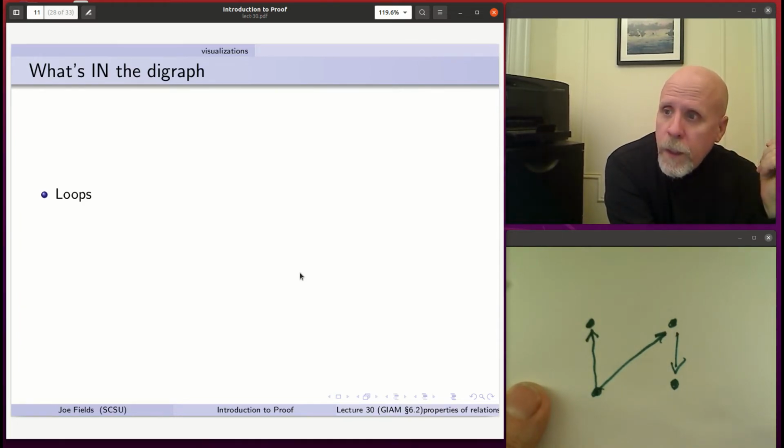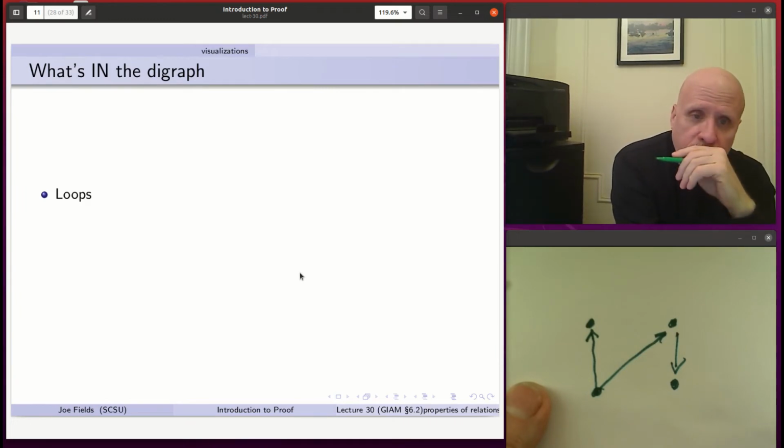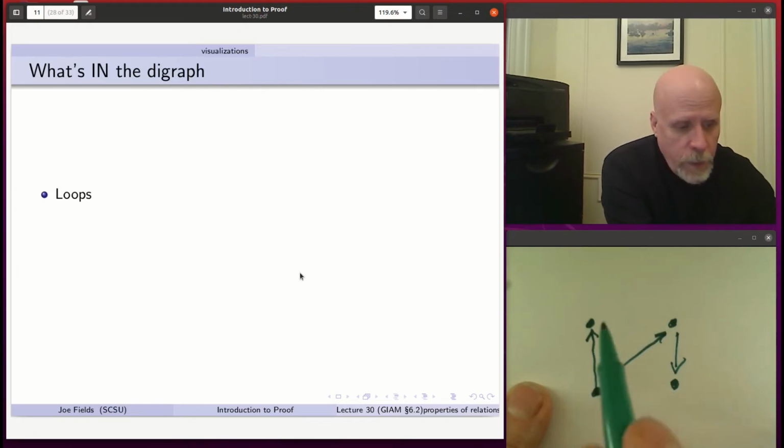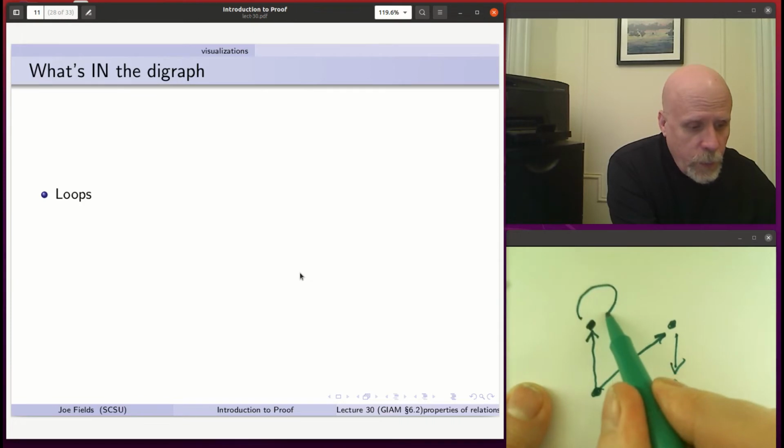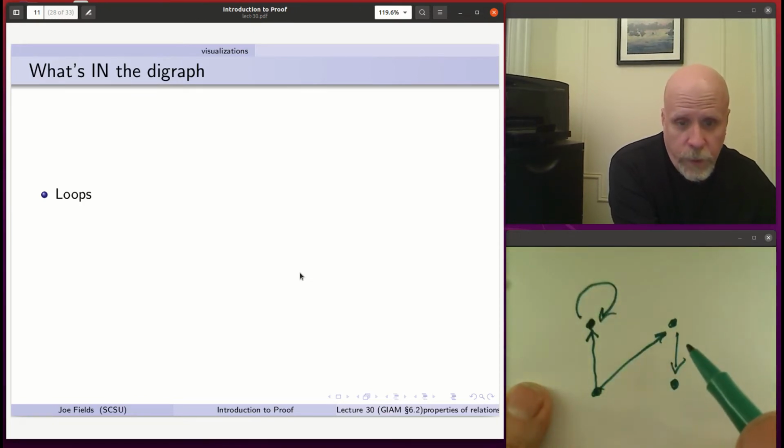This has no strong meaning. But if we have a directed graph showing a relation, then when it's reflexive, you will see loops. If this thing is supposed to be related to itself, there's going to be a loop that goes from it to itself.